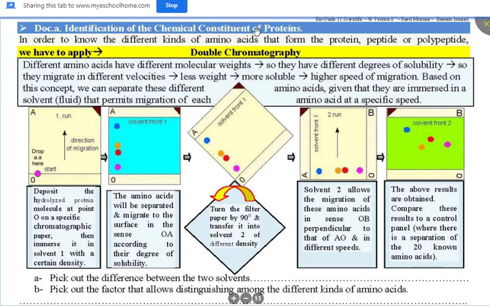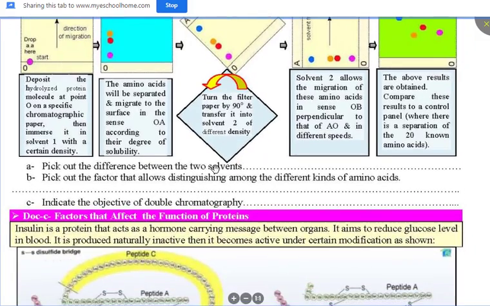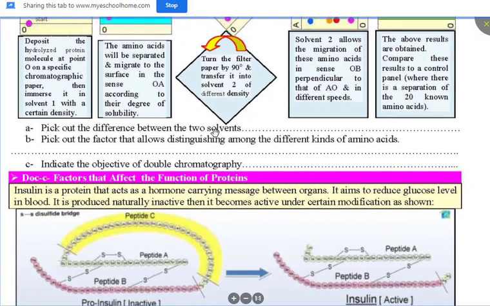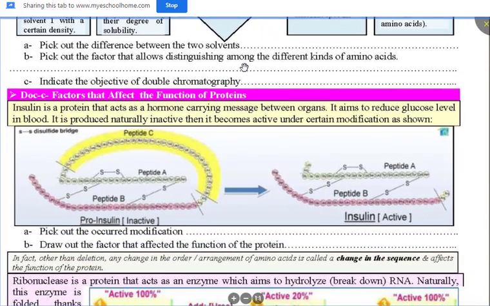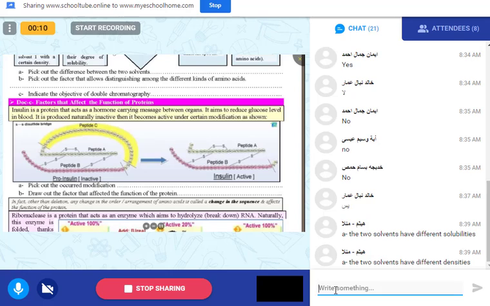Now, pick out the factor that allows distinguishing among the different kinds of amino acids. What is the factor that allows us to distinguish among different kinds of amino acids? I mean, what do I depend on to separate them?